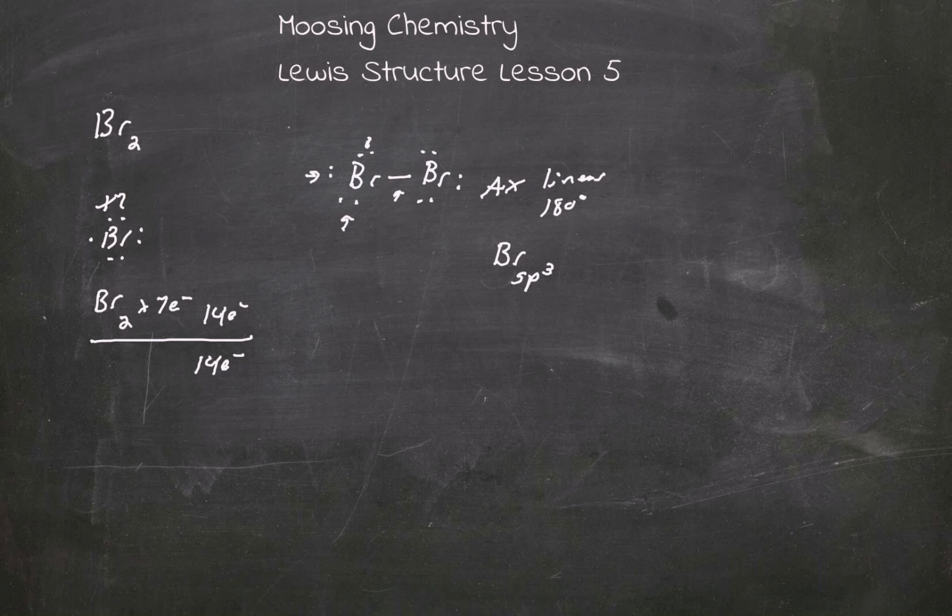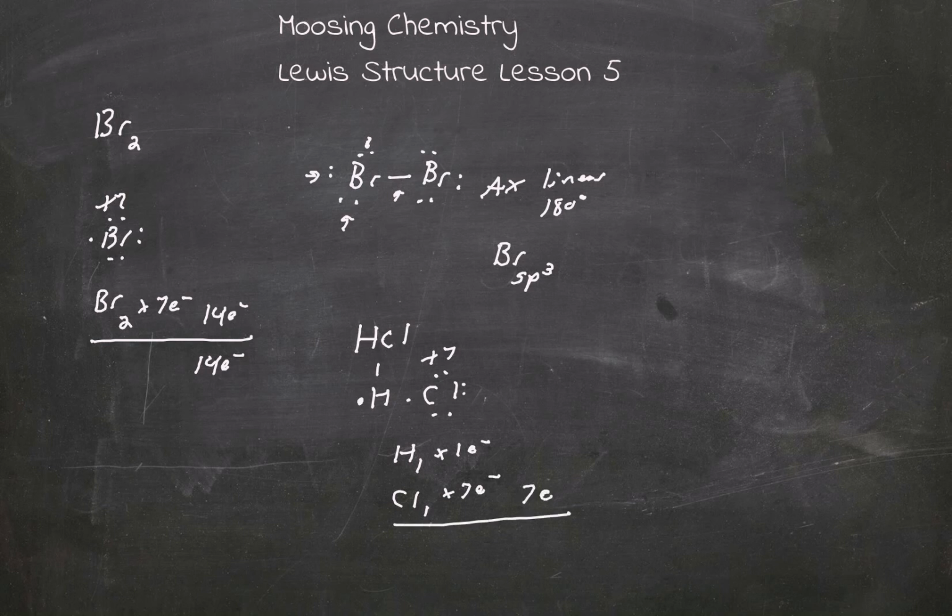Let's look at hydrochloric acid, HCl. In this case, hydrogen's in group 1, so it brings in 1 valence electron. Chlorine is in group 17, and it brings in 7 valence electrons. Okay, so now we're going to go ahead and do the instructions. So it's 1 times 1 electron here, and chlorine is 1 times 7 electrons.